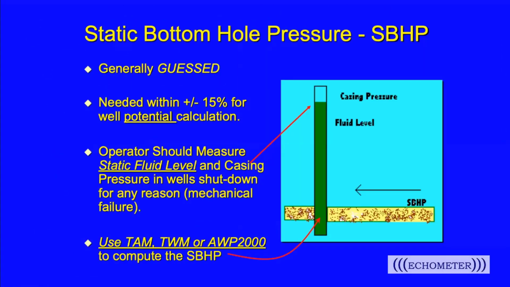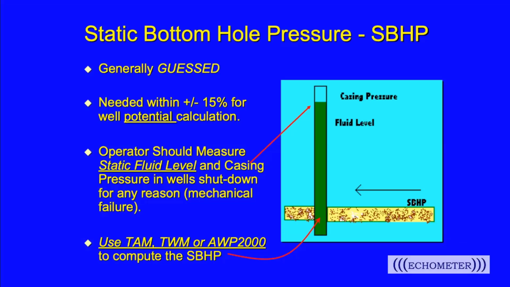So most of the time, we mentioned we're eager to produce our wells, and we don't often have the opportunity to come up with a static bottom hole pressure. So it's generally guessed. Maybe they did some pressure surveys when they first completed the well. Maybe we're figuring on an average pressure gradient in the area.